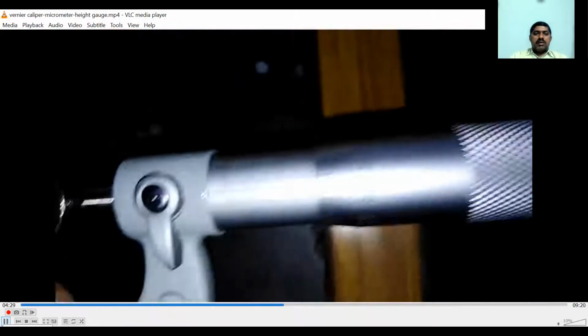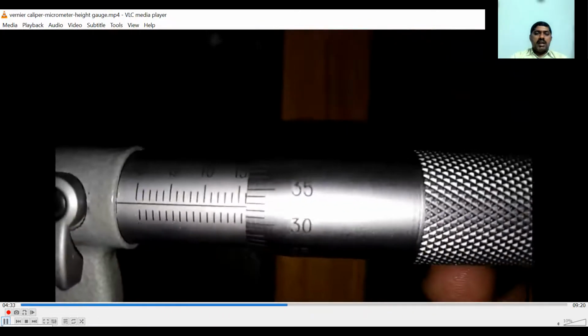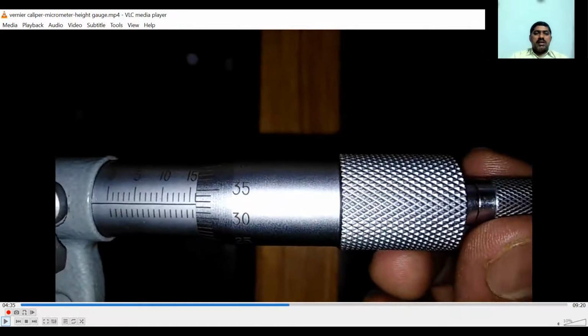And then we will see the reading on the barrel as well as on the thimble. So this is 15 and this is 15.5. Here we have not reached exactly 16. So the main scale reading is 15.5.